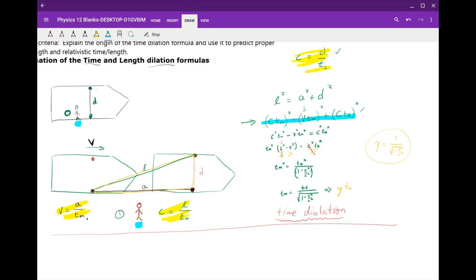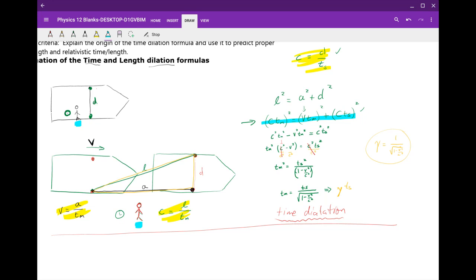So as a result, more time elapsed on this guy's clock than on this guy's clock. Because again, the light travels at a constant rate regardless of the viewer, but here it has to travel further. And so the only way to compensate for or rectify that strange behavior is that, in this guy's opinion, more time actually elapsed, okay?